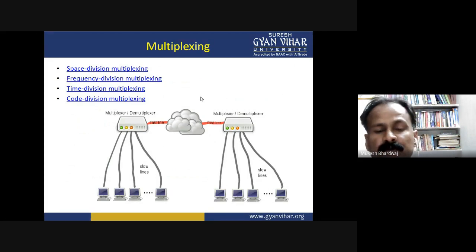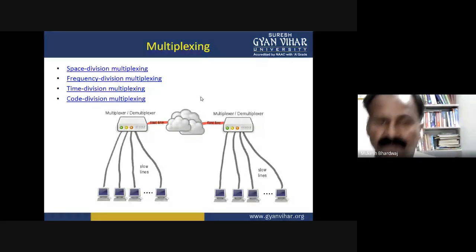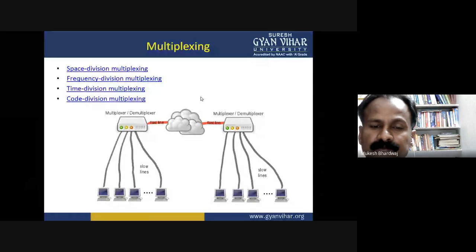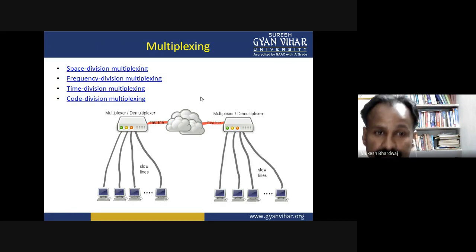So only one user cannot have the right to transmit the signal from one end to another. Others also want to transmit in the same frequency range. So we developed a technique for transmitting signals from one end to another: frequency division multiplexing, time division multiplexing, or we can use code division multiplexing or CDMA, and space division multiplexing.